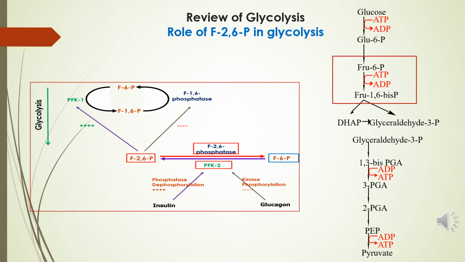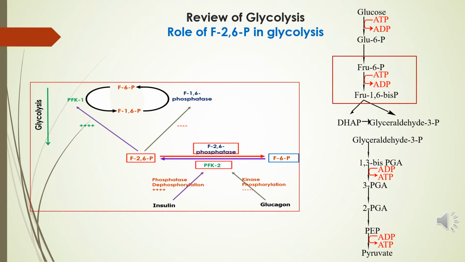Shown in this figure is a summary of the steps of glycolysis, which starts when glucose is taken up by the GLUT4 receptors, and then when it's inside the cell, it is phosphorylated by the enzyme hexokinase, then converted to fructose 6-phosphate and fructose 1,6 bisphosphate by the enzyme phosphofructokinase 1, which is one of the key regulatory enzymes in regulating glycolysis.